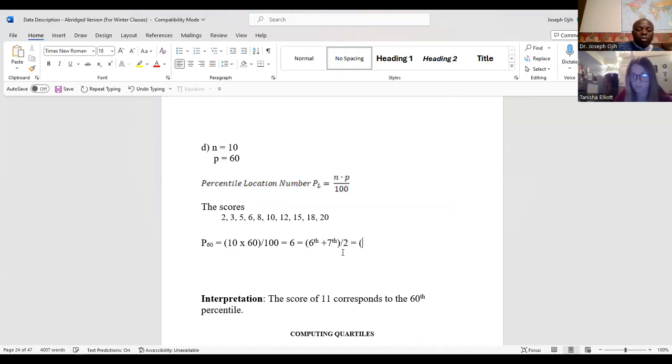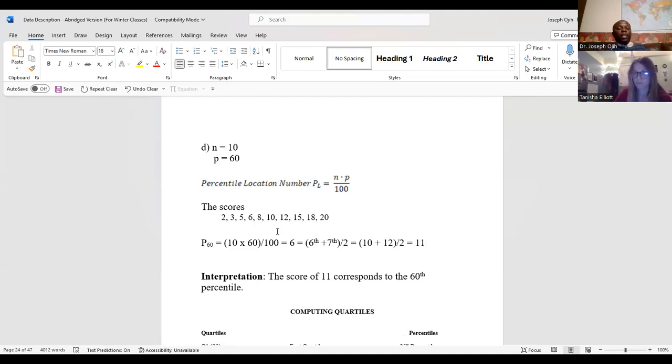Counting 1, 2, 3, 4, 5, 6, this is the 6th number, and this is the 7th number. So it's 10 plus 12, divided by 2, equals 22 over 2, which is 11. So now the score of 11 corresponds to the 60th percentile.